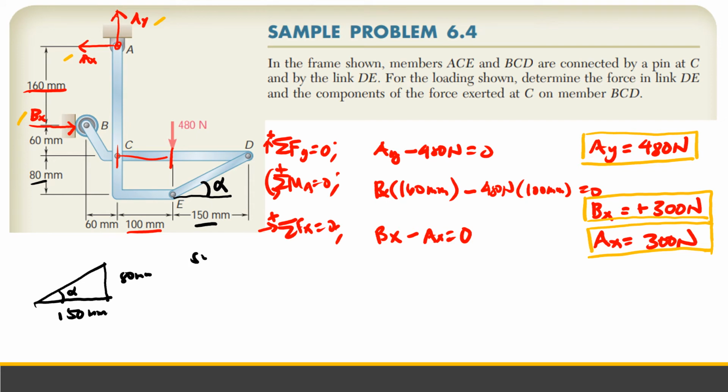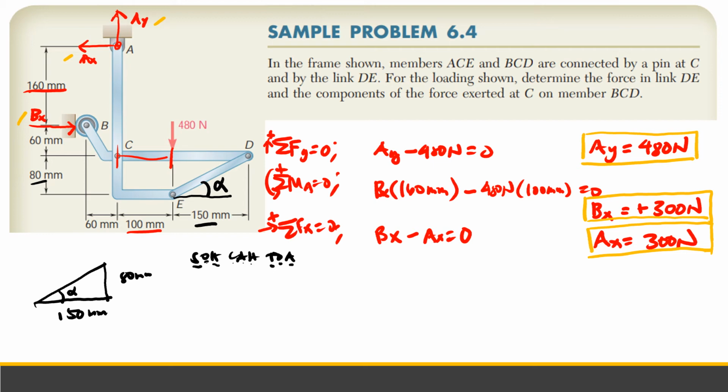So applying yung SOHCAHTOA. So SOHCAHTOA is sine theta is equals to opposite nung angle over the hypotenuse, and cosine naman is adjacent over hypotenuse, and tangent is opposite over adjacent.